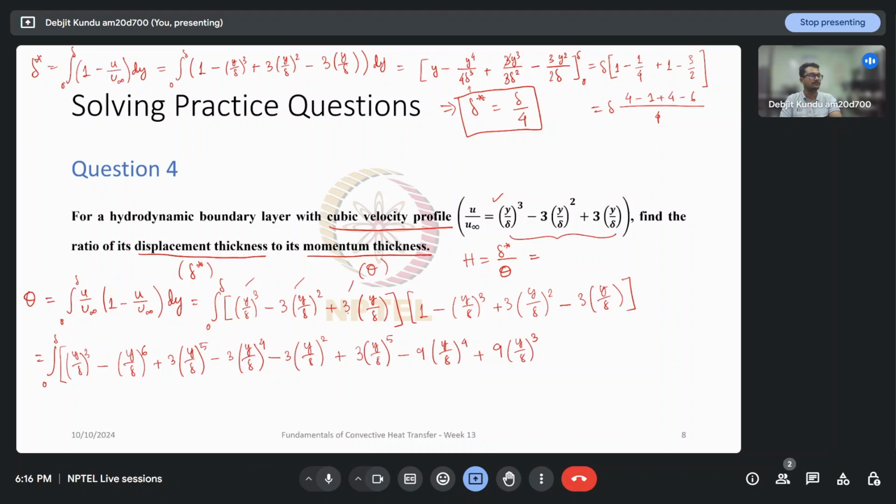Then again we will multiply with 3y by delta. Let's see what we get. So the first term would be 3y by delta, then minus 3y by delta power 4.